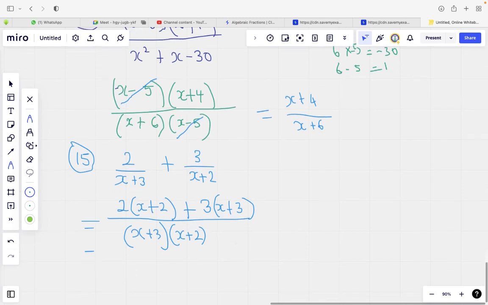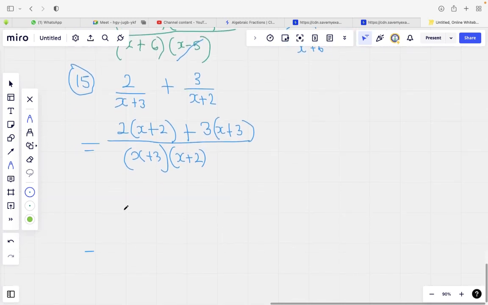Then the next step is to expand the numerator. The denominator, remember, we're going to keep it constant in the end, so we keep writing it the way it is. So we have 2 times x, we get 2x. And 2 multiplied by 2, we get 4.